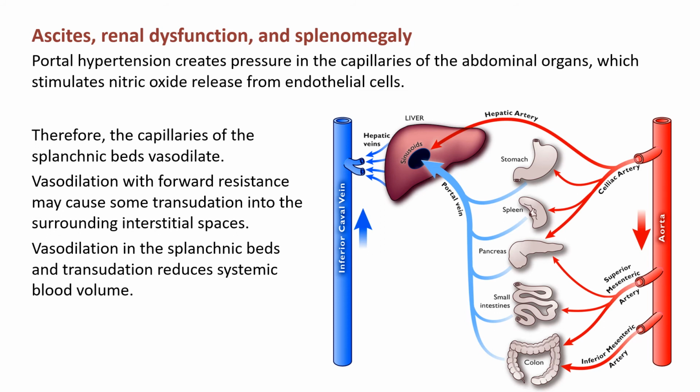This vasodilation, of course, as we said, can reduce systemic blood volume and triggers RAS. And also this transudation, of course, is taking water out of the blood, so that also reduces blood volume. As we said, this activates RAS via the juxtaglomerular apparatus because glomerular filtration goes down.